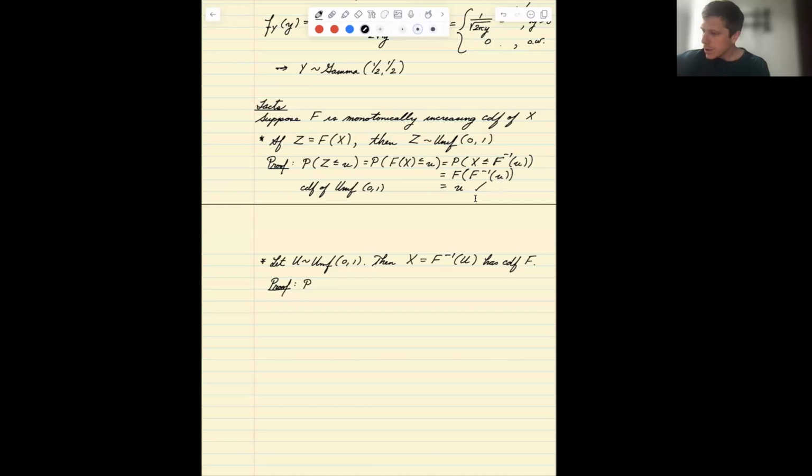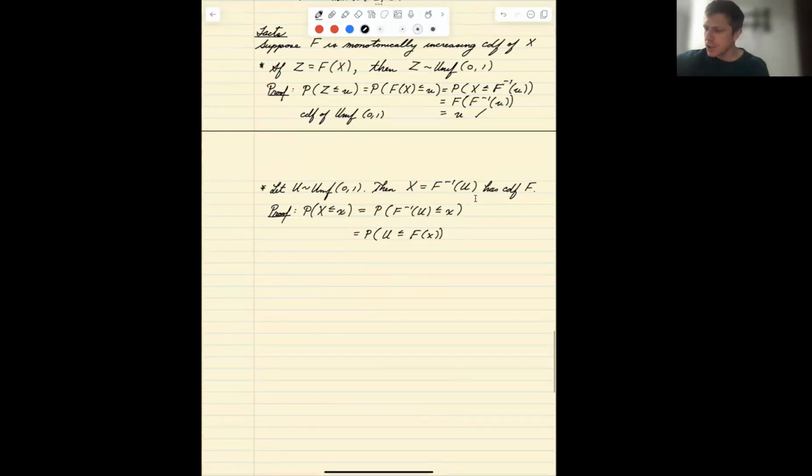Well, we want the probability that x is less than or equal to little x. Well, x is defined as F inverse of u. F is invertible, so we can move it from left to right. But now this is the probability that a uniform random variable is less than something, which is just F of x. So then the CDF of x is F.